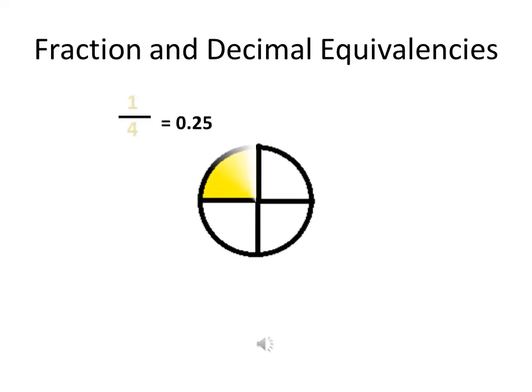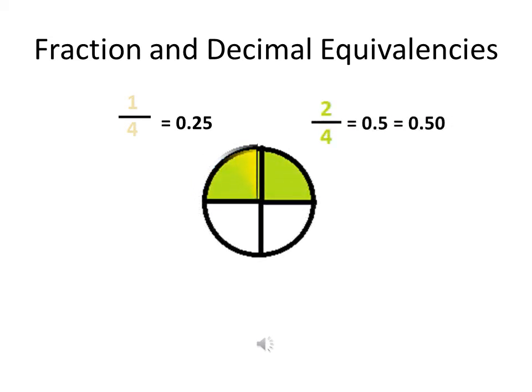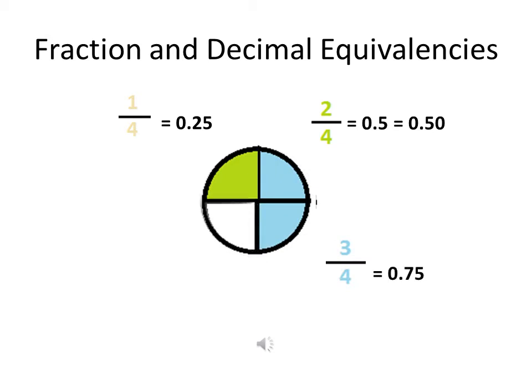Here are some very simple fraction and decimal equivalencies. 1/4 equals 25/100. 2/4 equals 5/10, or 50/100. 3/4 equals 75/100. 4/4 equals 1.